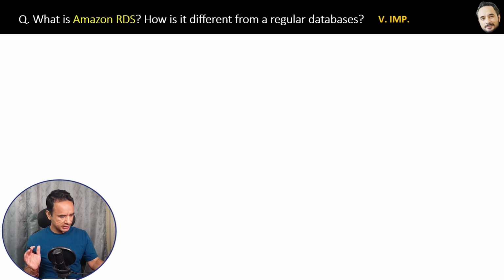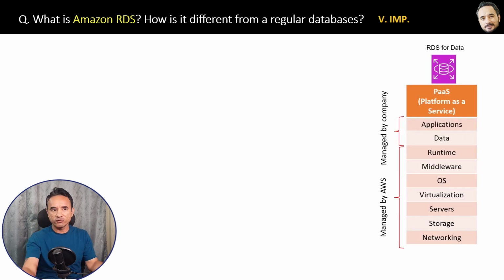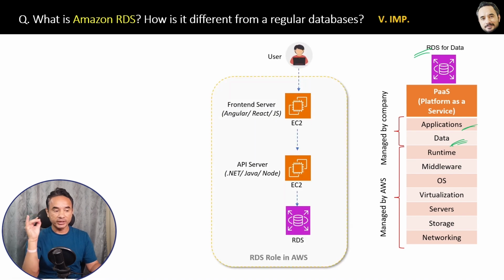Now, if you remember this PaaS category, then for applications, you can host the application in EC2 or Beanstalk or Lambda in AWS, right? Similarly, for data, you can use RDS. Here is one more very important diagram where you can see our applications are getting the data from the RDS, which is the database, okay?